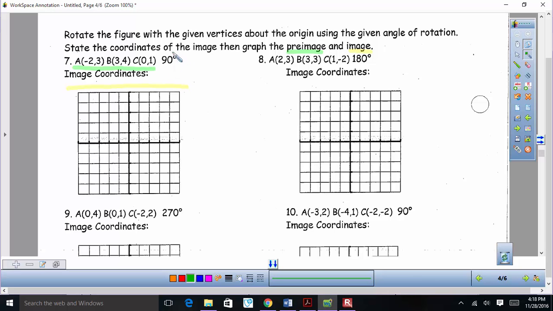Now, we're rotating 90 degrees. So my rule for 90 is that I swap my y and my x, and I make y negative. So we're going to take this and we're going to write out our A prime, B prime, and C prime.